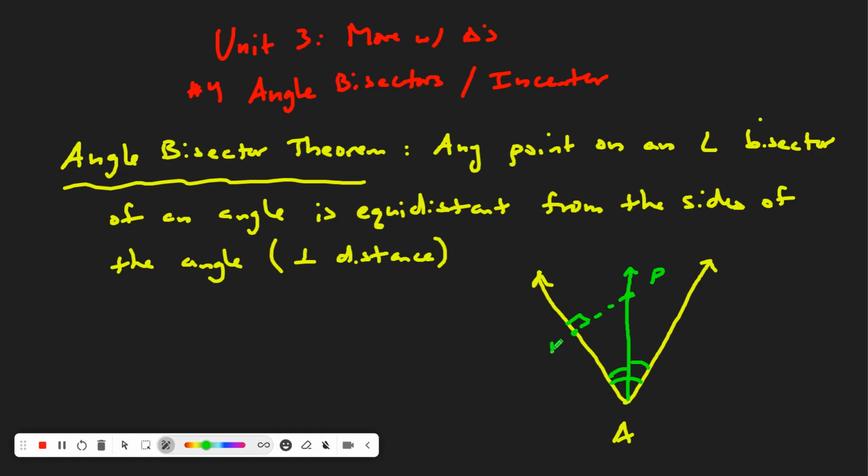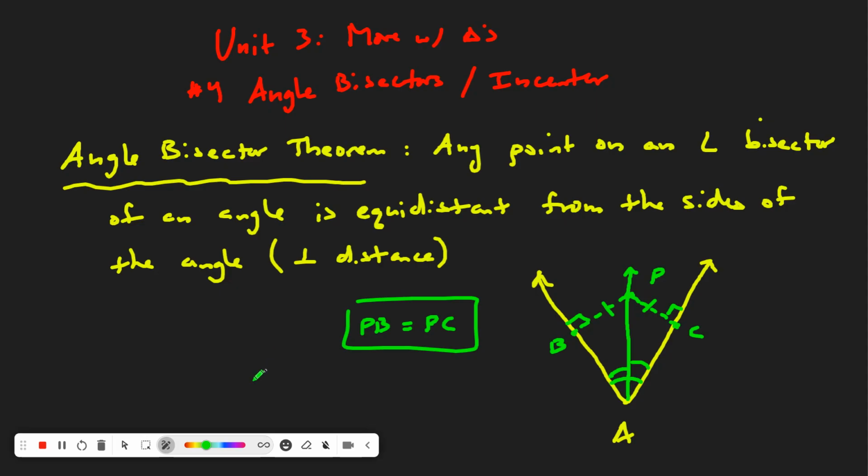I'm going to call this point B. If I do the same thing on this side, and you see my picture's not perfect, there's my point C. Those two distances should be the same. So P to B should be the same as P to C. That is how you know that a point on the angle bisector is equidistant from the two sides of the angle.